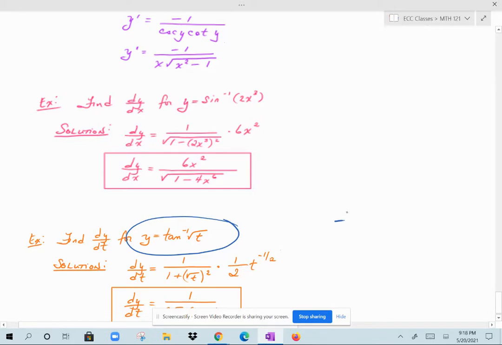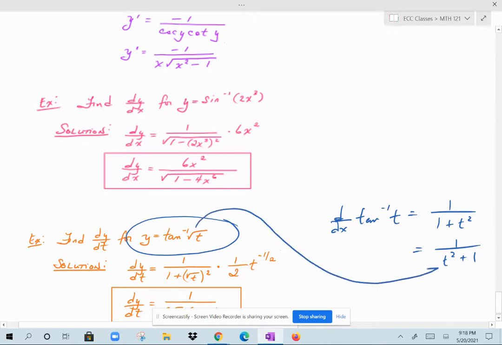So as a reminder, the derivative of tan inverse of, and I'll call it t just to match with what I have here, is going to be 1 over 1 plus t squared, which could also be written like this. Addition is commutative, so it could be written in either one of those two ways. Okay, but this time my variable is root t. So root t is going to get plugged in there.